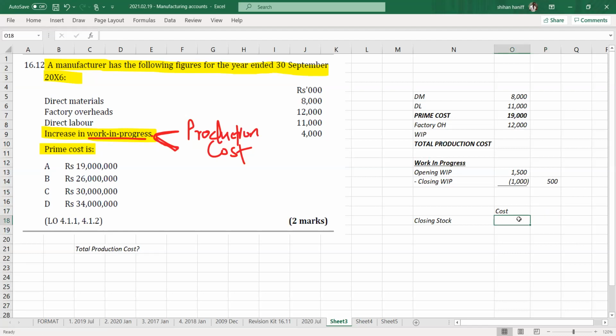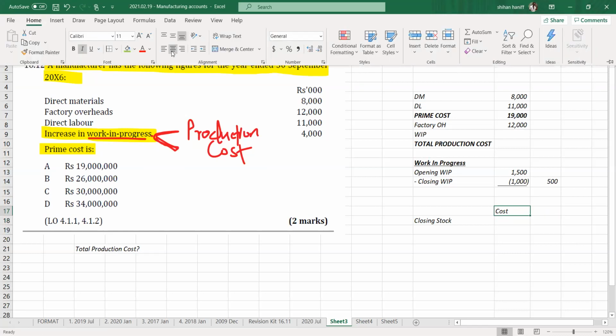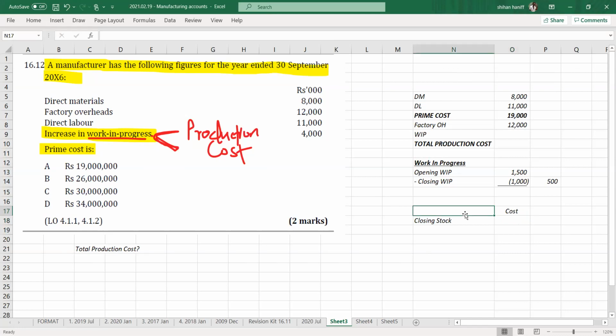Let's put it this way. Relationship, cost and the closing stock. There is a negative relationship.